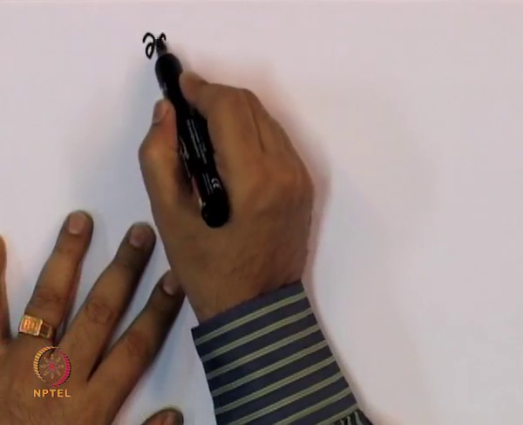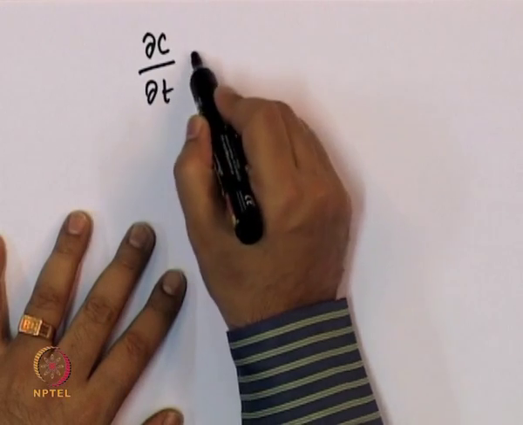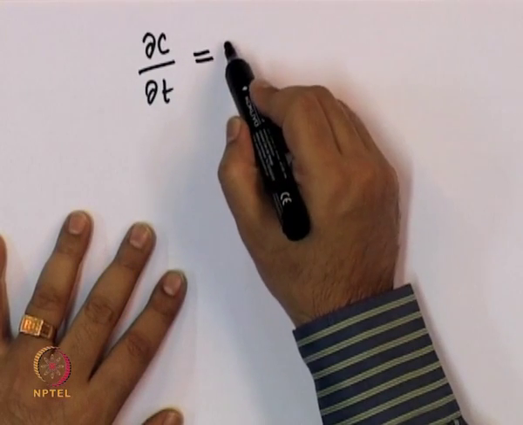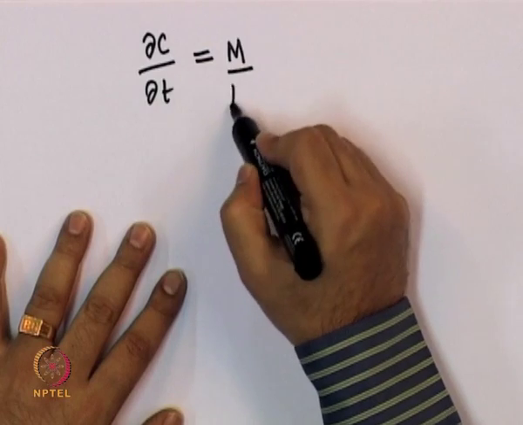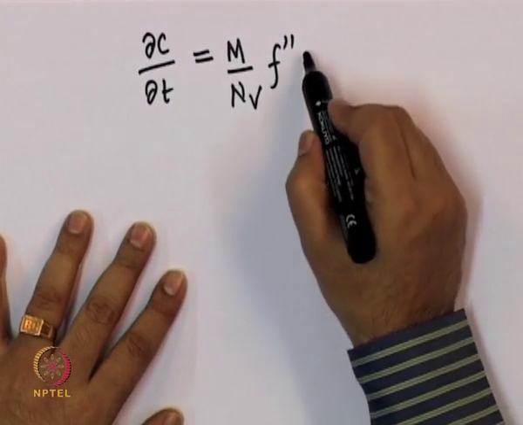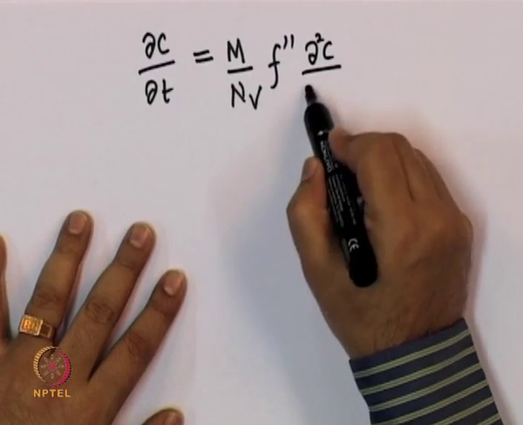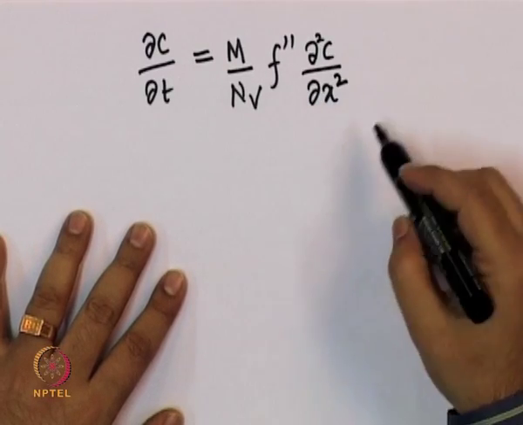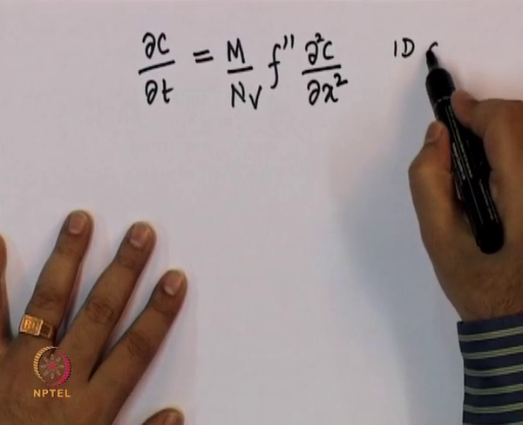So, let us write down the two equations that we are going to use extensively today. First is the diffusion equation. So, of course, that is written as ∂C/∂t = (M/N_v) f'' ∂²C/∂x². This is the 1D diffusion equation.